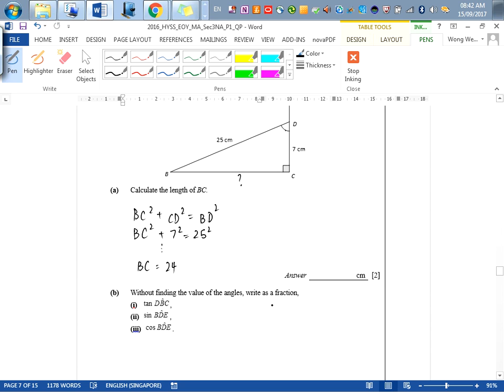Without finding the value of angles, write as a fraction what is tangent DBC. This one we know that it is 24 cm already. What is tangent DBC? Okay, tangent of this angle equals to opposite over adjacent. Opposite of the angle will be 7 over 24. That's it.